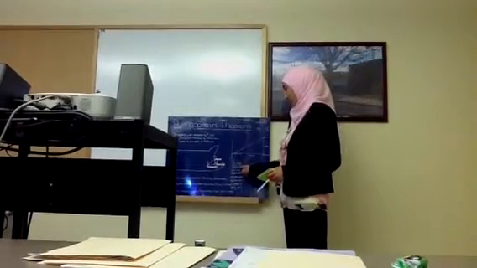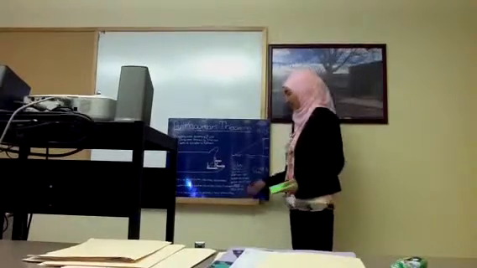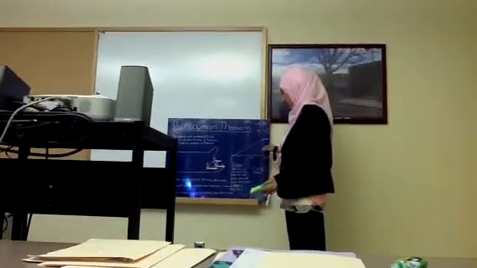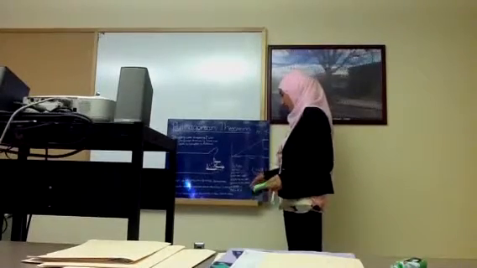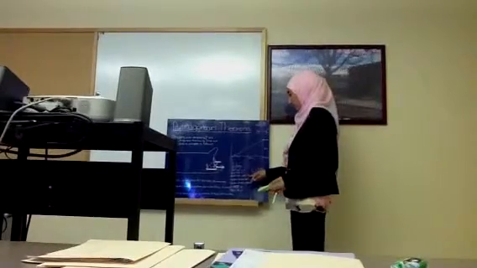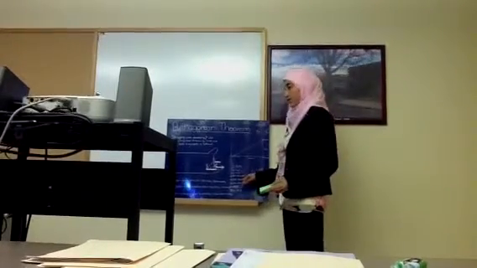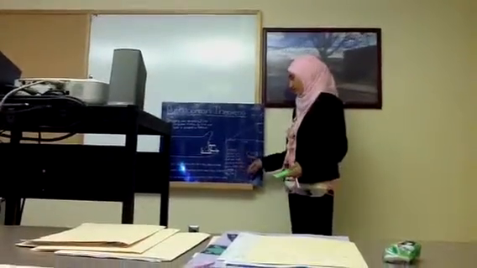First I wrote out the formula, a squared plus b squared equals c squared. And then I squared 18 and 45, so that equals c squared. 18 times 18 equals 324, and 45 times 45 equals 2,025.